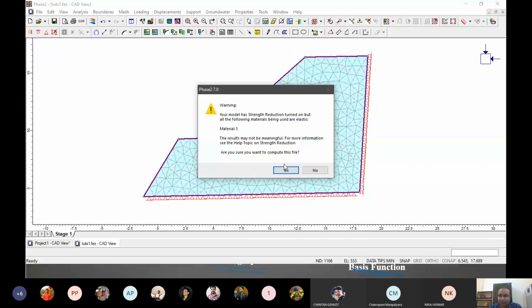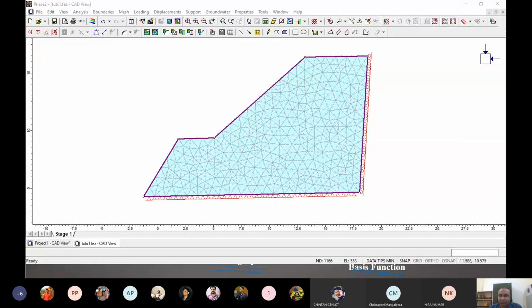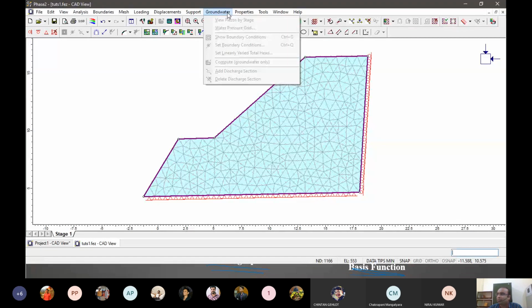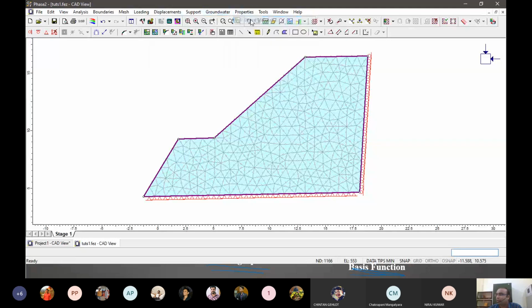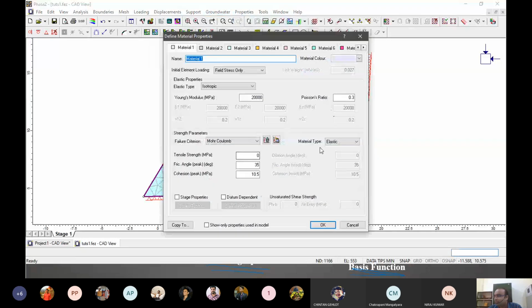When a strength reduction is done, the model should be an elastic model. So in properties, we define the material and give some elastic properties. If you remember, there are some more conditions required for this kind of analysis. In limit equilibrium, we were just seeing unit weight, right?